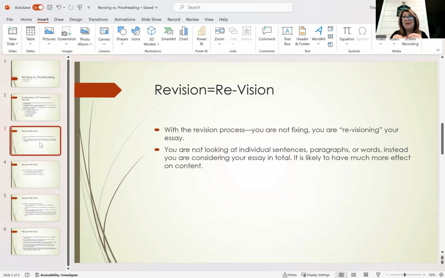I'm not saying that you're not doing that while you're reading. Of course, again, all of writing is an iterative process, right? But that's not the part you're focusing on. You're probably looking much more at your content, right, when you are looking to revise your essay.